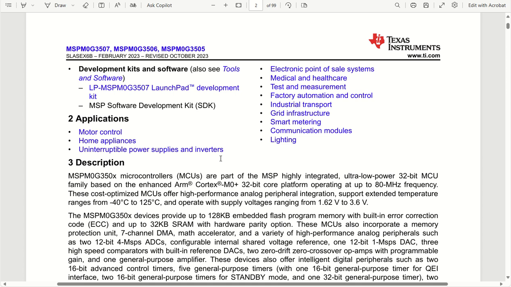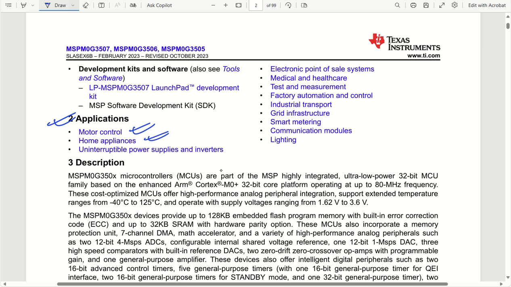The most important part that I want to bring out before getting into the circuits is that it has several applications like motor control. A lot of motors are being used in ACs, fridges, washing machines, dishwashers. There are various applications, like all the home appliances.